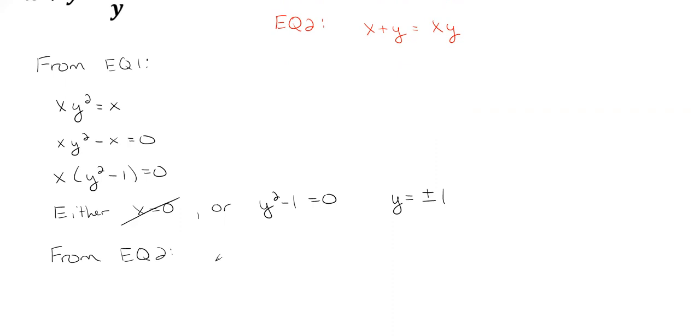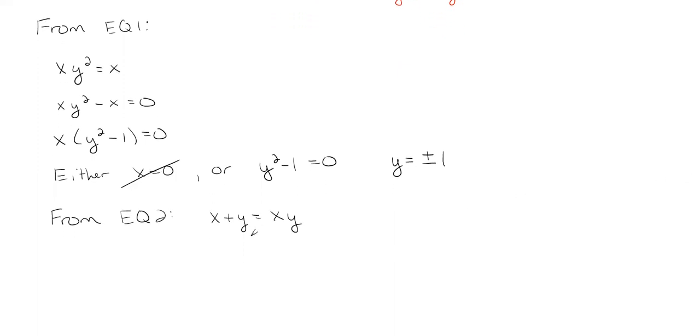Equation 2, I'm just going to rewrite it because I'm going to be scrolling here: x plus y is equal to x times y. Let's plug in the values for y, since we've narrowed it down to plus or minus 1. Let's see the positive side.